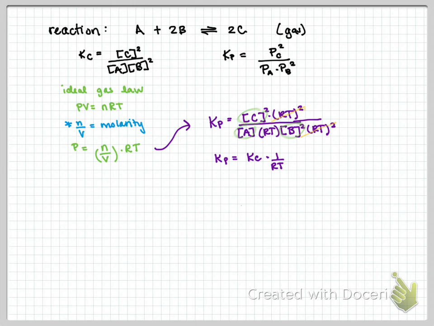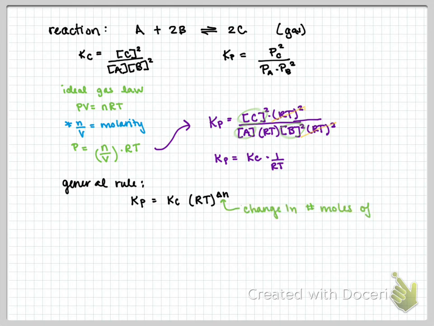Note that this conversion is going to be a little different depending on your reaction. The more general form of how we can convert Kc to Kp is that Kp equals Kc times RT all raised to delta n, where delta n is the change in the number of moles in the gas phase between the products and the reactants. So it's the number of gas moles of product minus the number of gas moles of reactant.